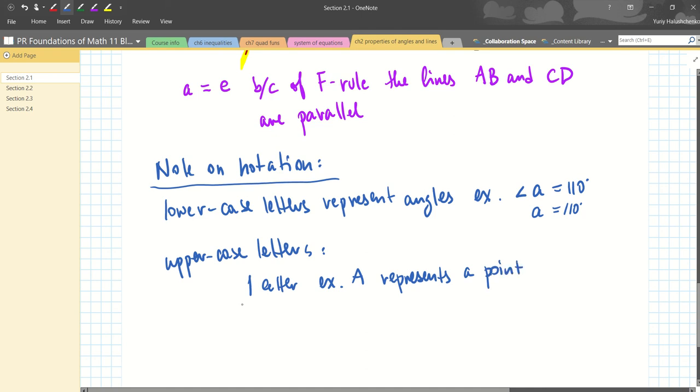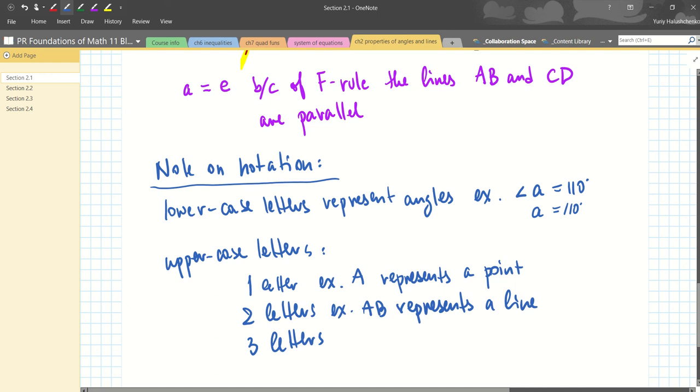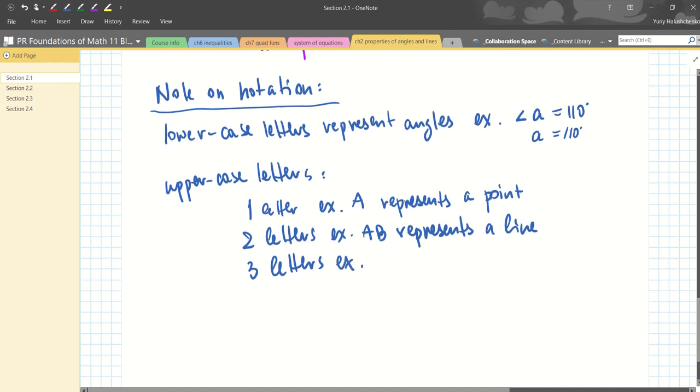If you have two uppercase letters, for example AB, this represents a line from point A to point B. If you have three uppercase letters, I'm going to have two examples in this case.